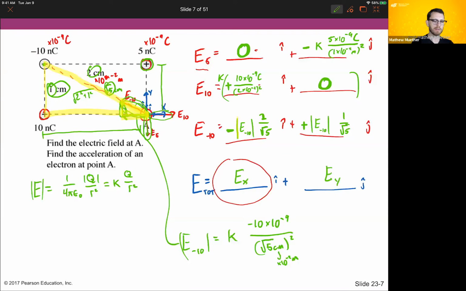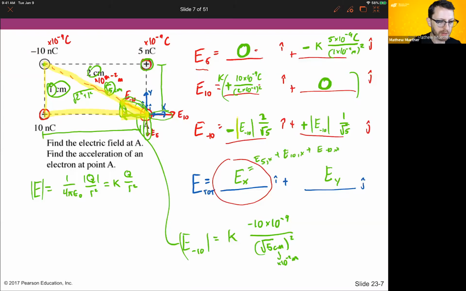This is just going to look like E5x plus E10x plus E minus 10x, adding up those individual components. Okay, any questions about that? Is it clear how we establish the sign of all of these different components of the electric field?